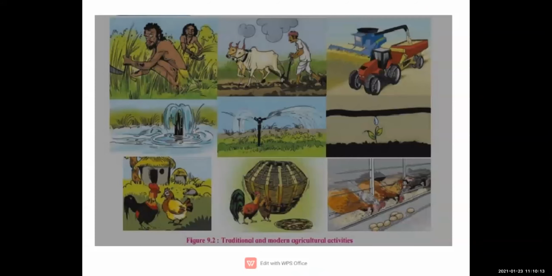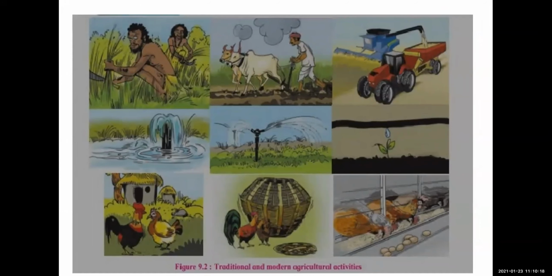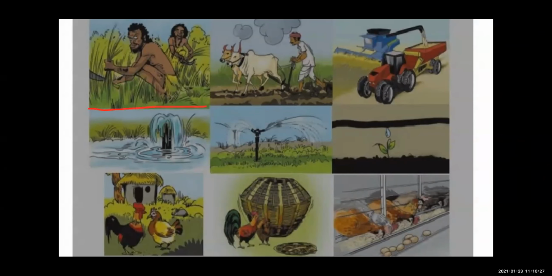Moving ahead, now tell me what is seen in this picture, children? In the first picture, we can clearly see how man in earlier days used to roam everywhere and gather food. Then slowly he started using bullocks and cattle for farming.